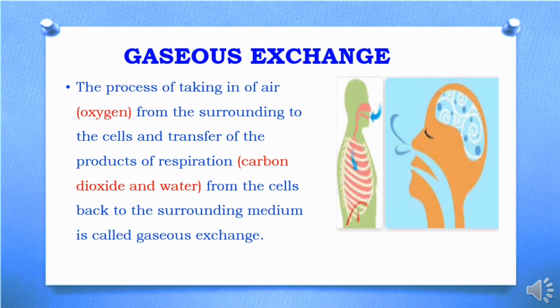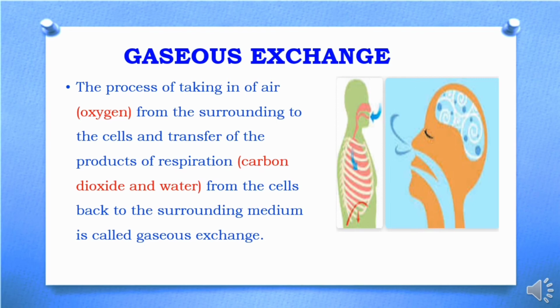In our previous slide, we have also discussed the equation of respiration in detail, in which the glucose was oxidized. The oxygen, which is used for the oxidation of the glucose, comes into the body during gaseous exchange. And we also see the products of respiration, which are carbon dioxide and water. This carbon dioxide produced during respiration is also taken out of the body during gaseous exchange.